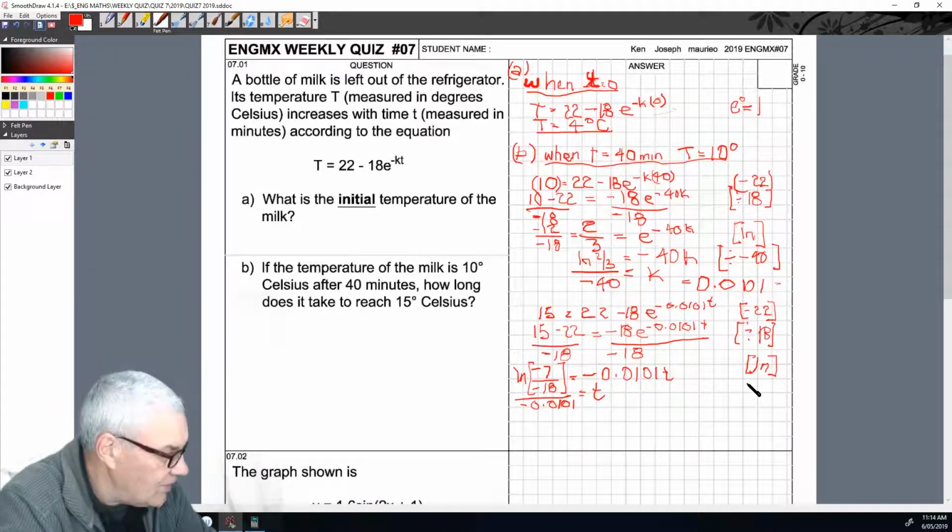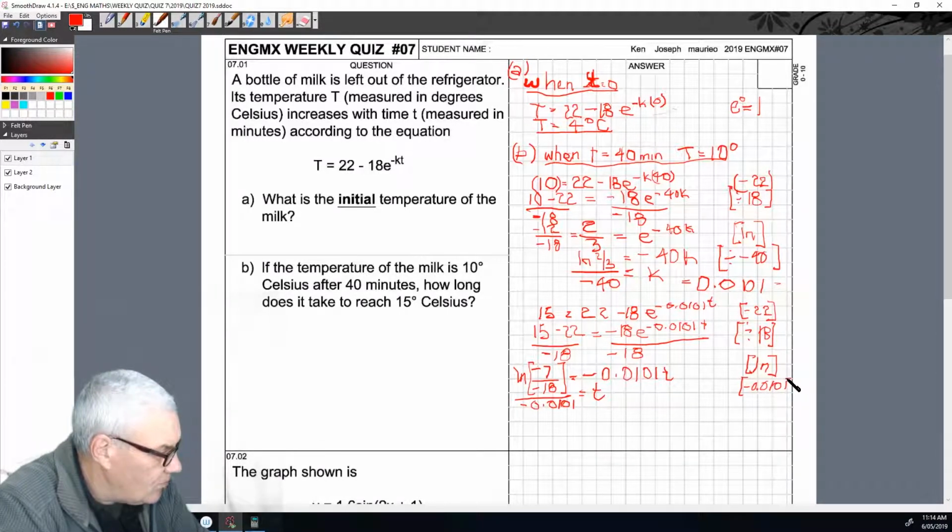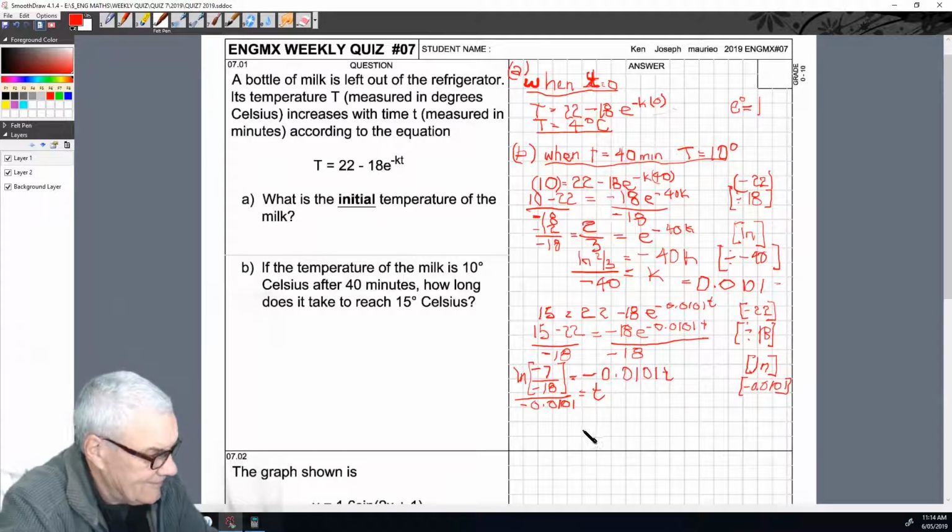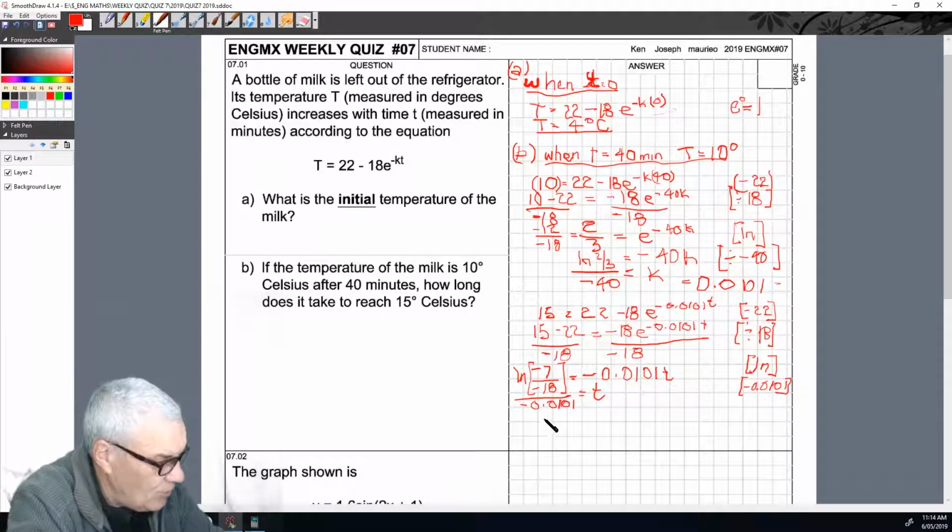I'll put that over here. So we're dividing both sides by that. And if we work that out, we get t equals.